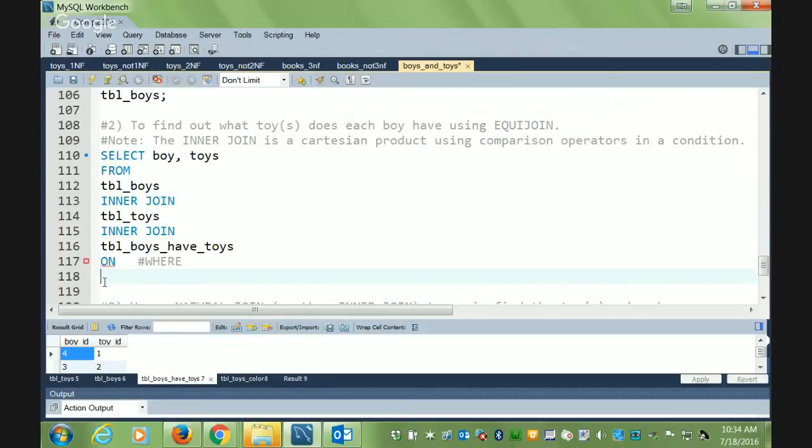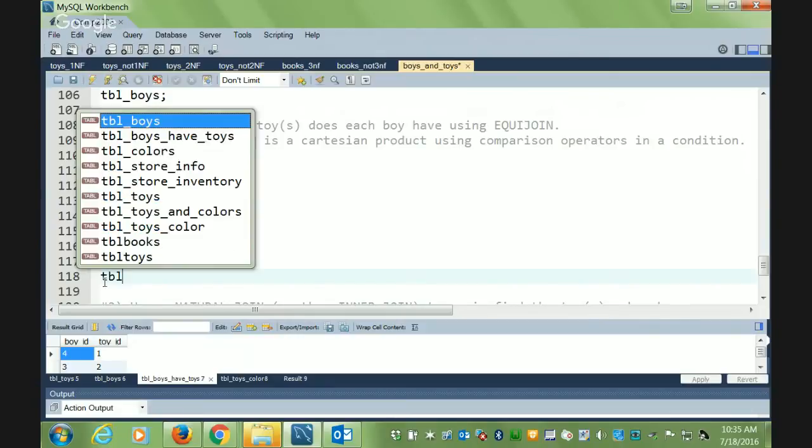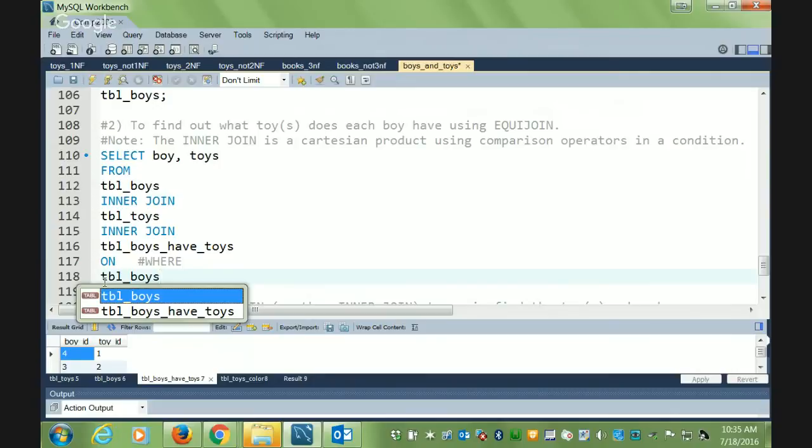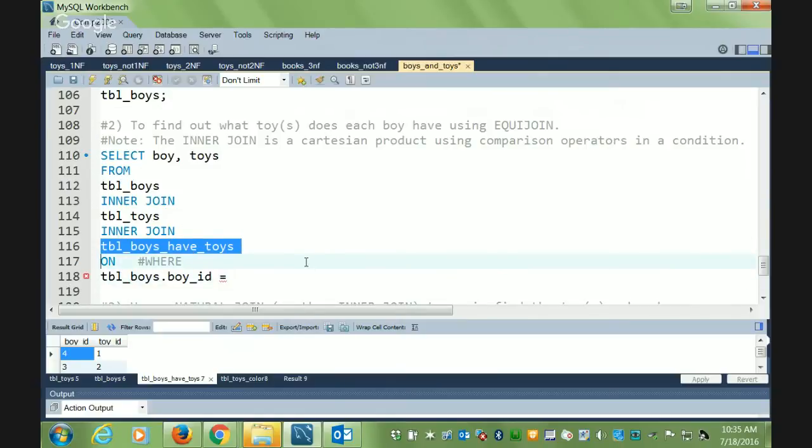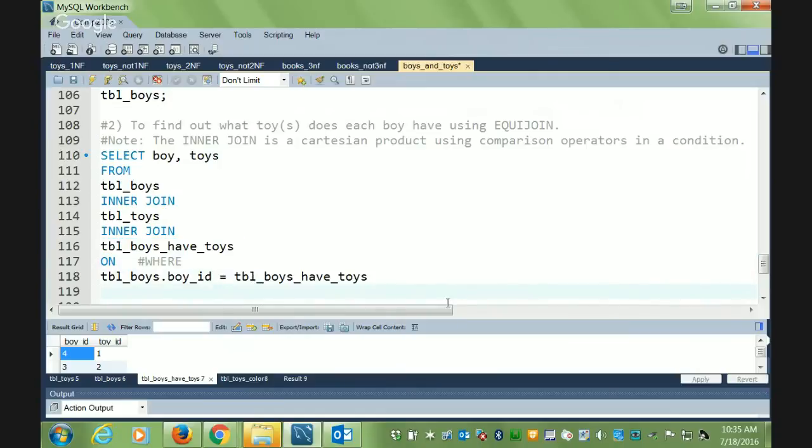And your condition is that you should be picking up the boy ID, and this boy ID should be equal to, I'll tell you an easier way, just because the names are so big, the boy ID of the other table. Make sense? So the boy ID of this table should be equal to the boy ID of the other table. You can reverse it, doesn't matter.